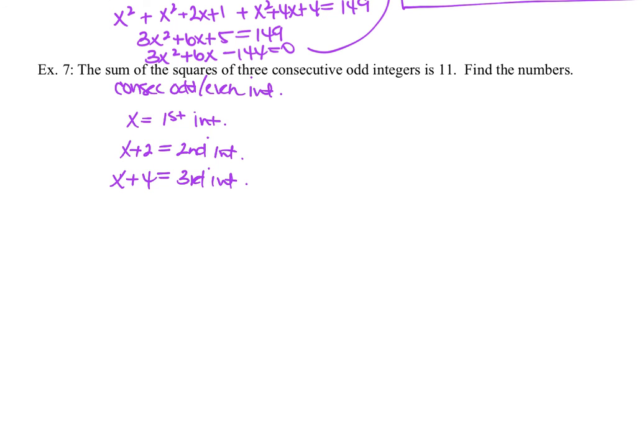So we end up with the sum of the squares of these three, so x squared plus (x plus 2) squared plus (x plus 4) squared. That is going to be 11. So again, I have to expand and solve exactly like the last problem.